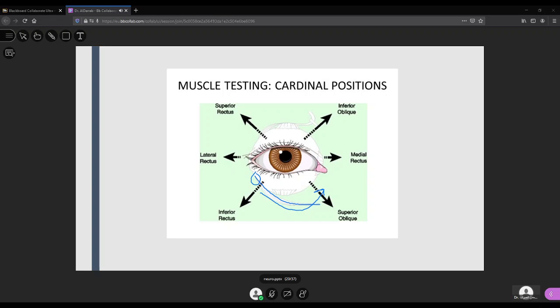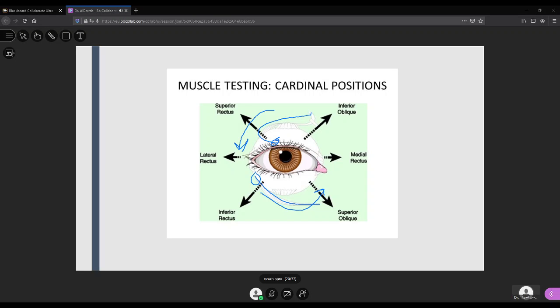So this will cause what? Intorsion. However, a superior oblique like this will pull, if contraction happens here, it will pull, what? Extorsion. Intorsion for the superior oblique and extorsion for the inferior oblique.